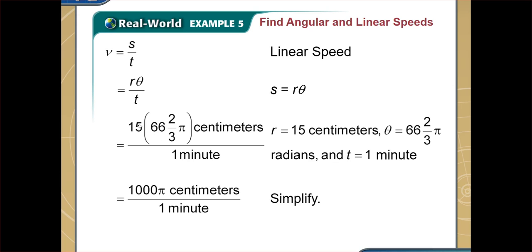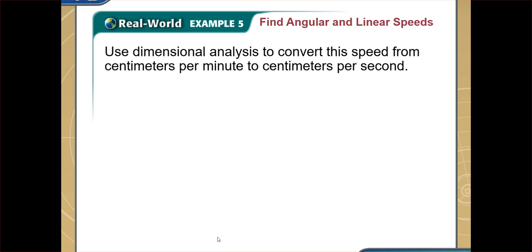We simplify first. The numerator will be 1000 pi, and now we have to convert it, because the question wants us to write it in centimeters per second.